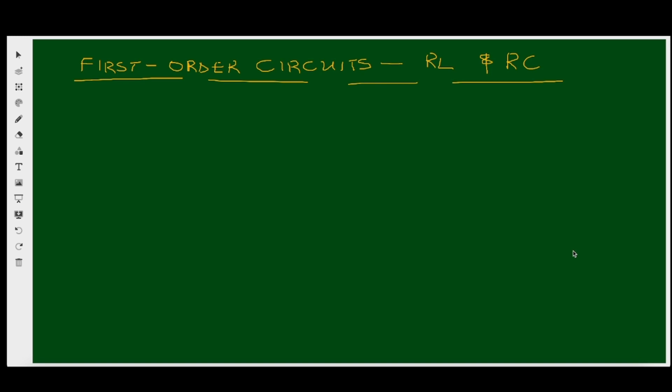So let us begin our study of transient analysis by considering the simple series RL circuit. In this video, we'll talk about RL circuits, that is, circuits containing resistors and inductors only.